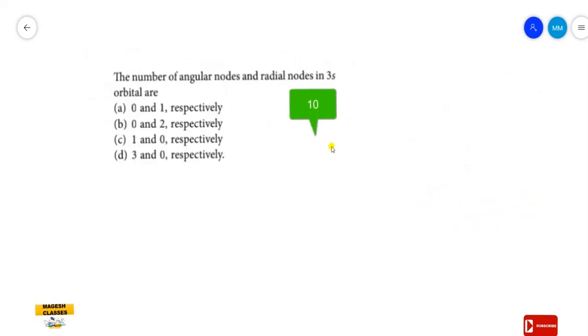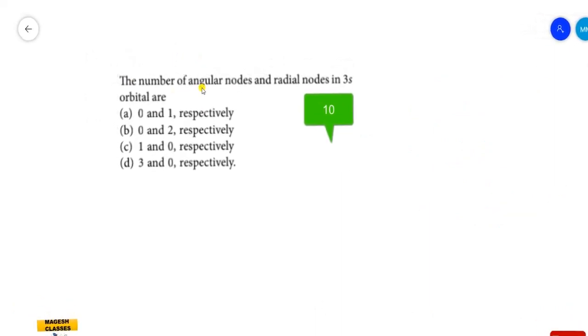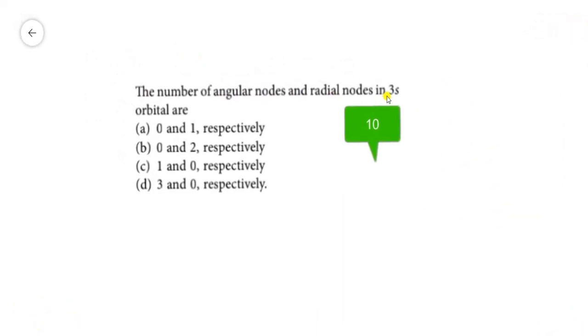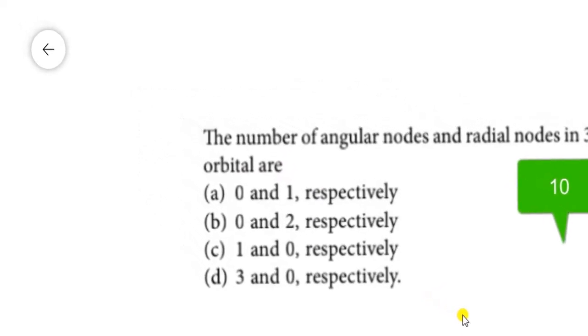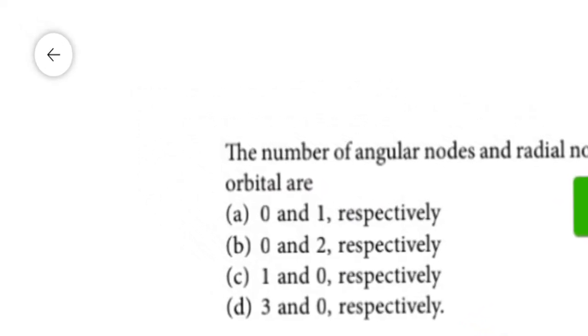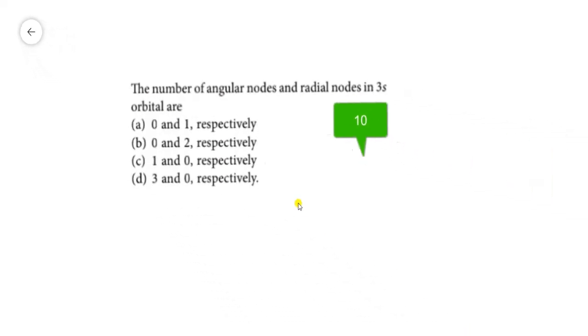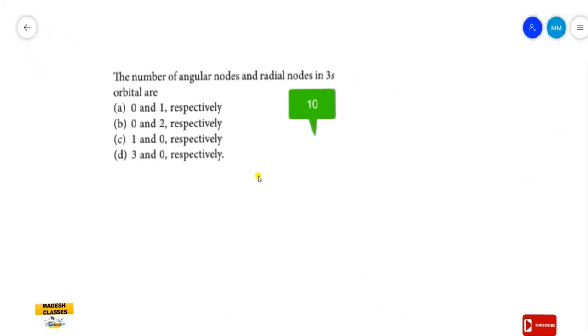Clear? Question number 10. The number of angular nodes and radial nodes in 3s orbitals are. What is the concept? An orbital consists of nodes, and there are two types of nodes. One is angular nodes, which is given by the azimuthal quantum number l.